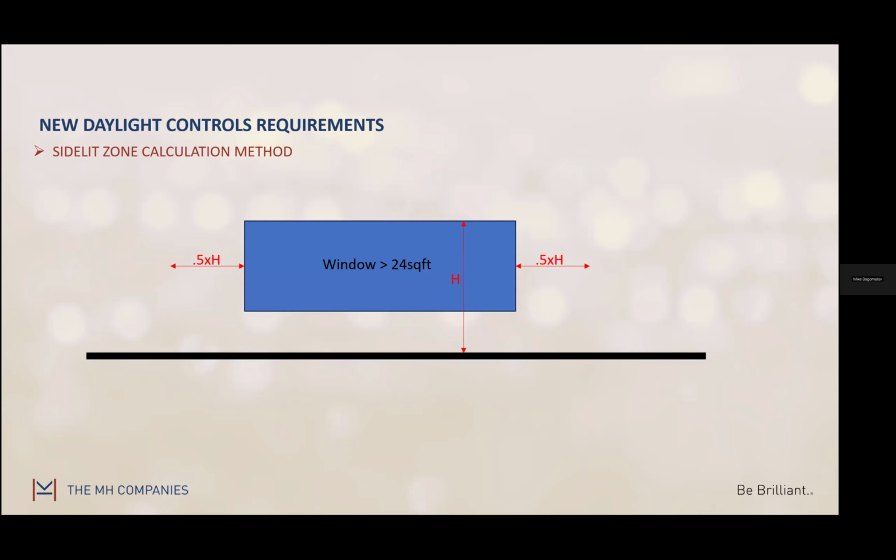If you had a window to the right that was within 8 feet, or to the left within 8 feet of this main window, now you're looking at both windows combined when you're trying to figure out the width of your daylight zone, because they're within that side calculation limit of one another. So basically, it gets harder and harder to get by with getting away with daylight zones, especially in open office spaces.